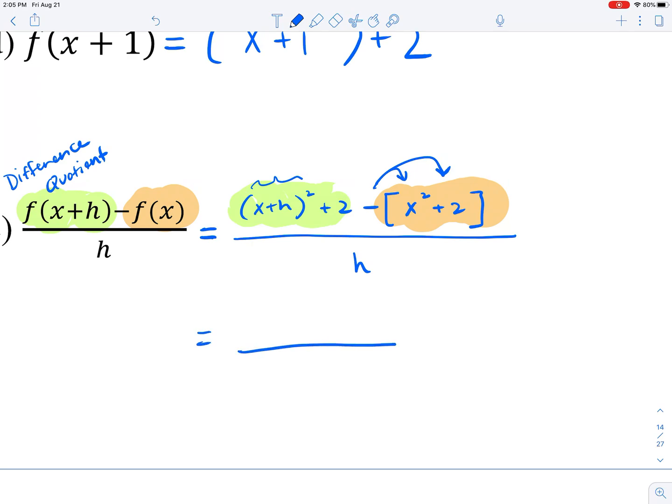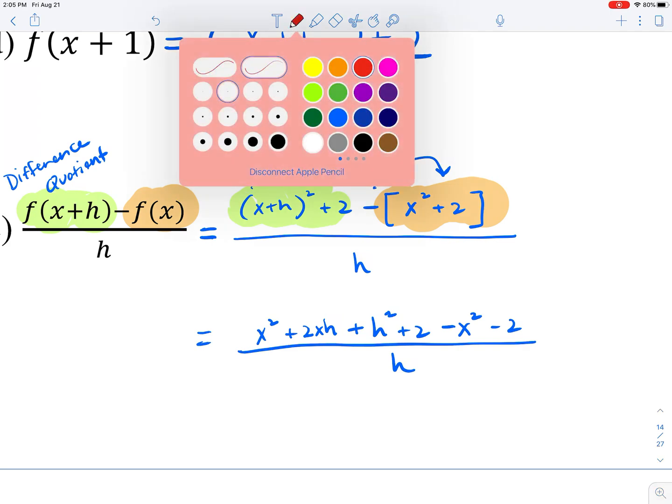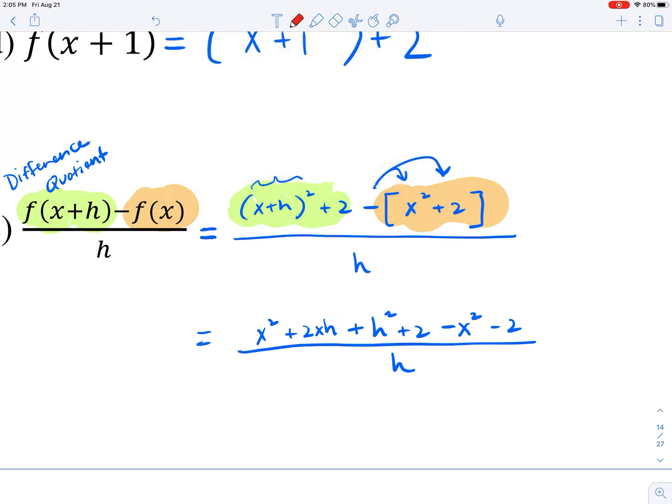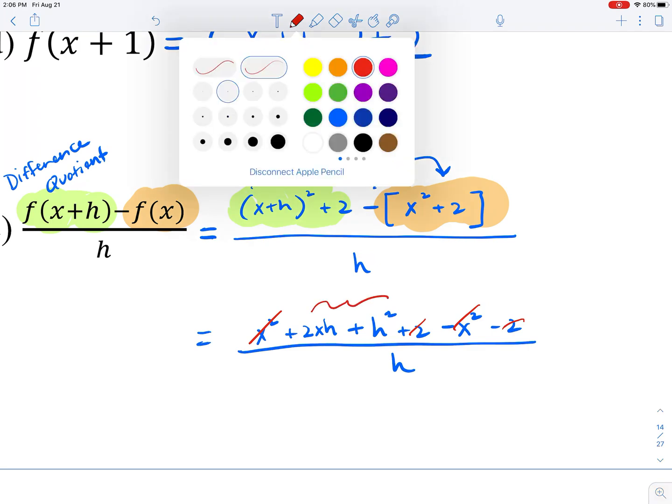Let's do that. So in the numerator, we'll have x squared plus 2xh plus h squared plus 2. And then when we distribute that negative, we'll have minus x squared minus 2. And if we clean that up a bit, notice that the x squareds will end up canceling. The 2's will end up canceling. And so we're left with 2xh plus h squared in the numerator.